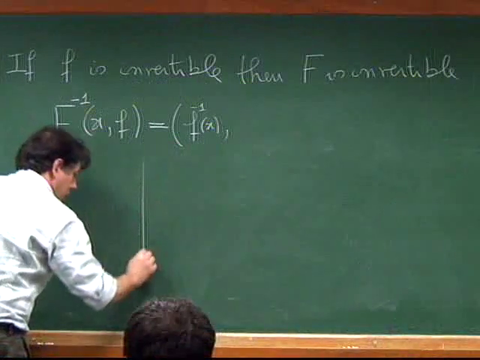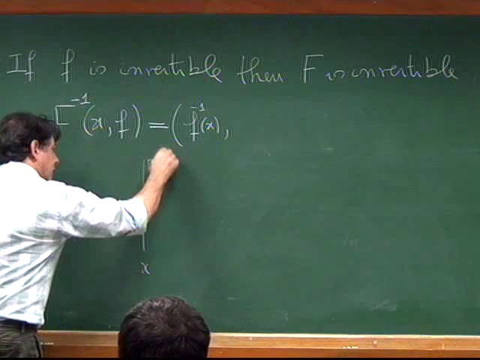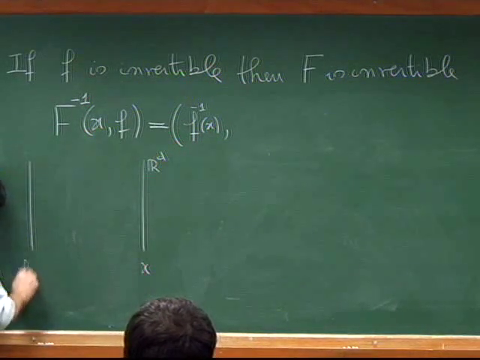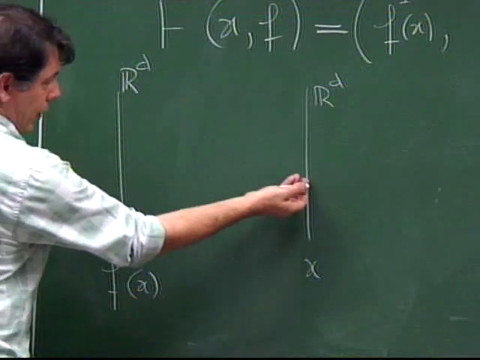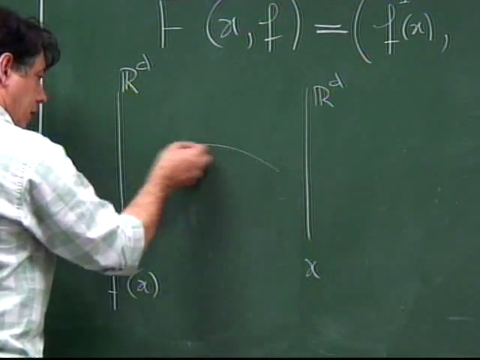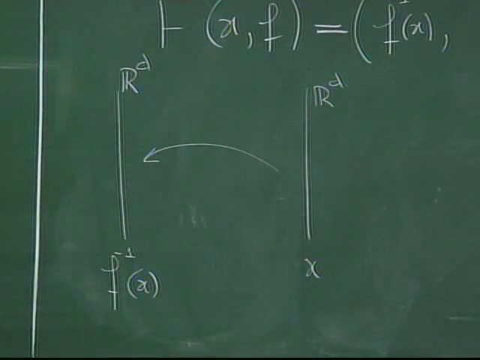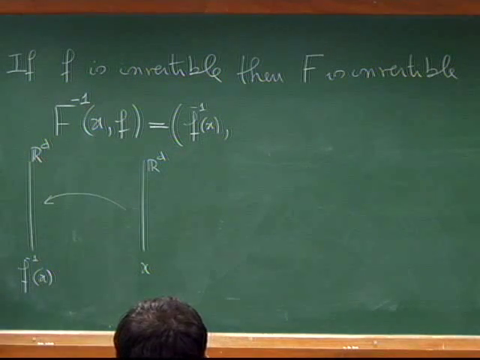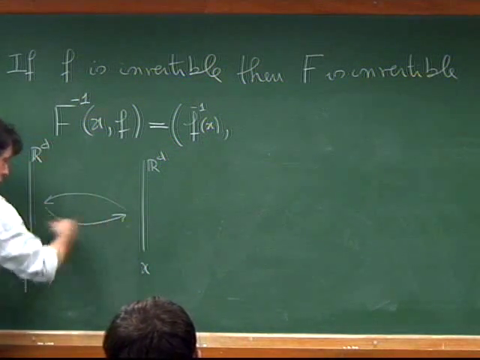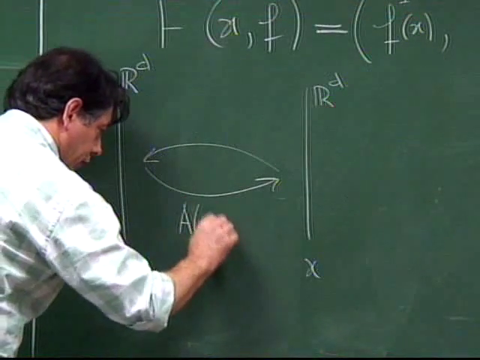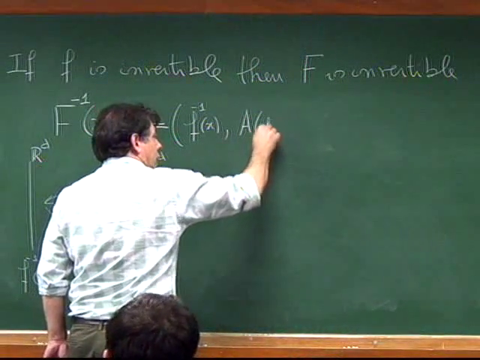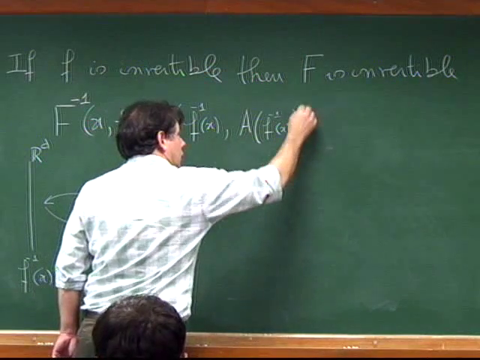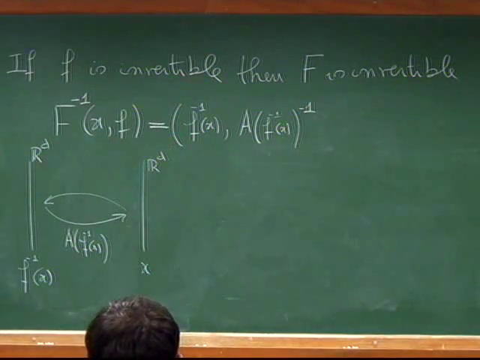You have x, this is R^d. You have f^(-1) of x. And we want to define what dynamics should be here. It's more or less clear that it should be the inverse of the one we have going forward, which is A of f^(-1) of x. So this should be A of f^(-1) of x inverse.